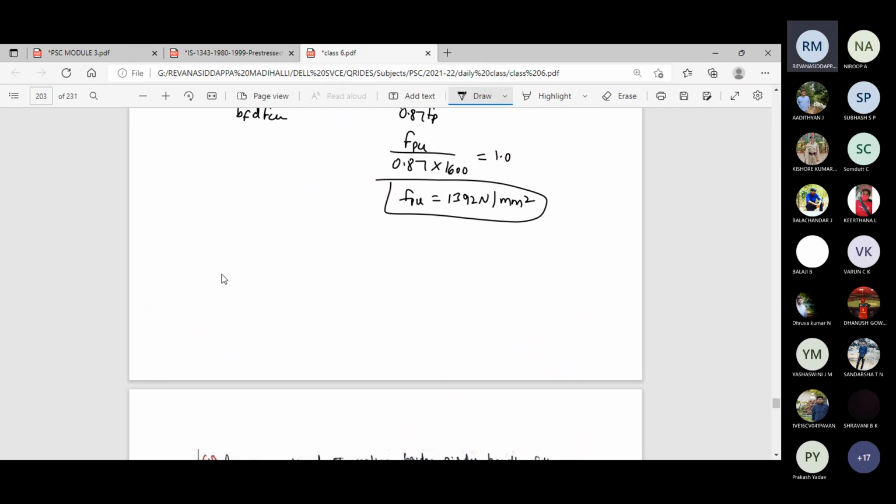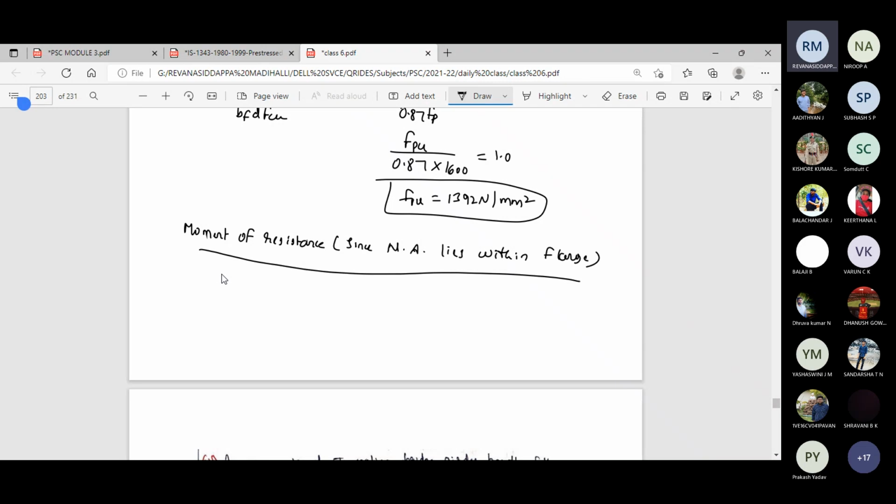Moment of resistance: since neutral axis lies within the flange, the formula for Mu will be the same formula which is given in the codebook, that is fpu into Ap into d minus 0.42 xu.